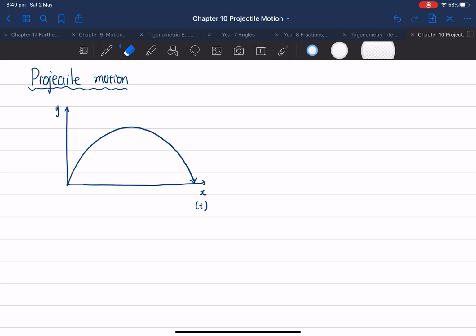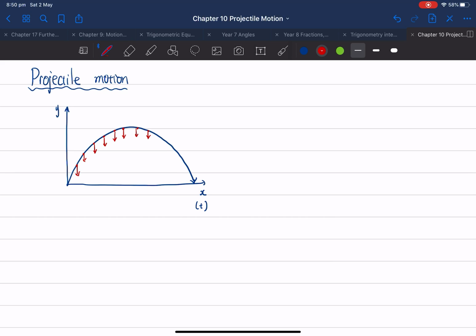Now, firstly, at every single point on the path, there is only one force acting on it, and that force is the downward gravity. Because this acceleration is downward, that's why we treat this as negative g. g is the gravitational constant.